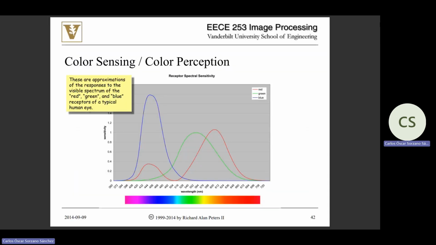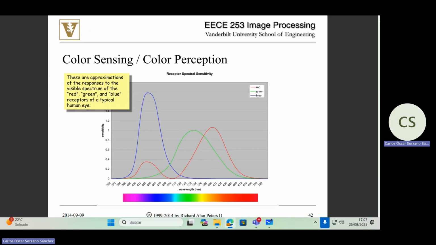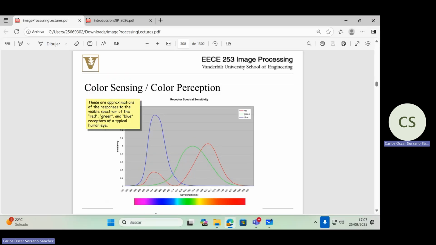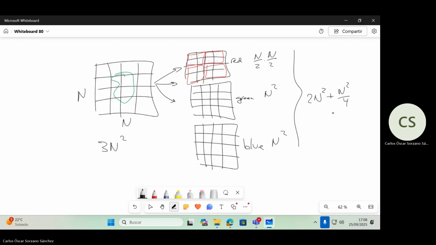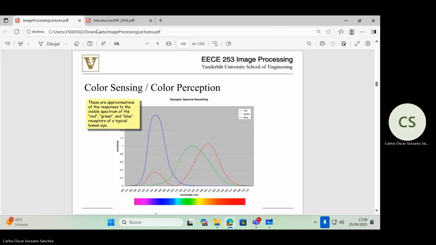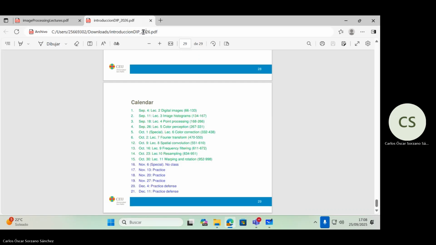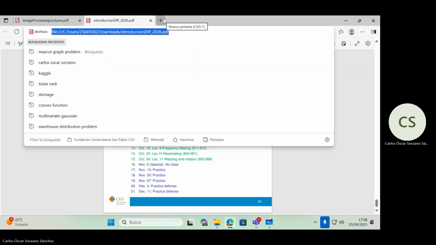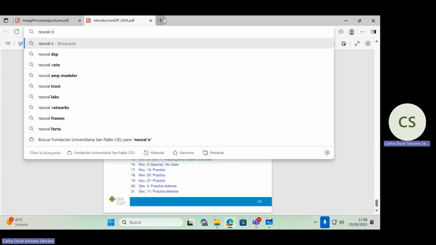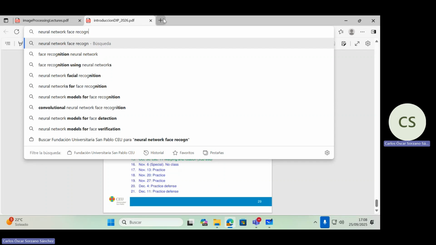I wanted to comment before we get into this, I wanted to show you something else. So let me see if I can find it easily. Face recognition.